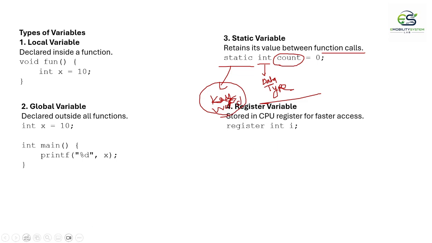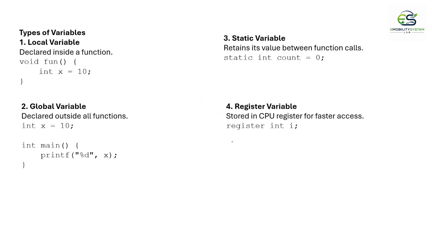Similarly, you can see the register variable. Register variables are those variables which are stored in the CPU registers. We will understand what CPU registers are. This is also a memory inside the CPU. The CPU memory is made up of multiple registers, millions of registers. Registers are memory units which hold some data.